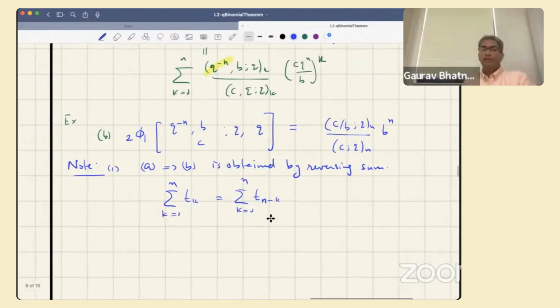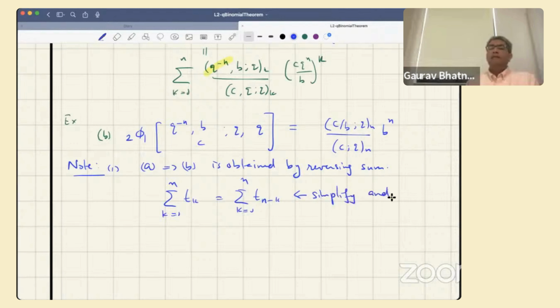So you write it from the other way around, right? So this is how you do it, and then you have to simplify, and you simplify this and relabel to get this identity. So that's how to do the exercise.